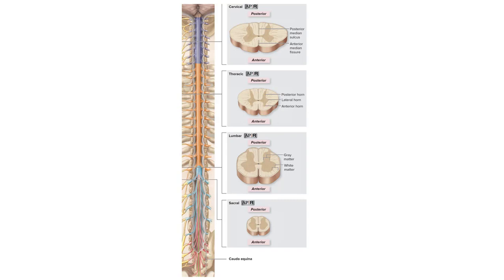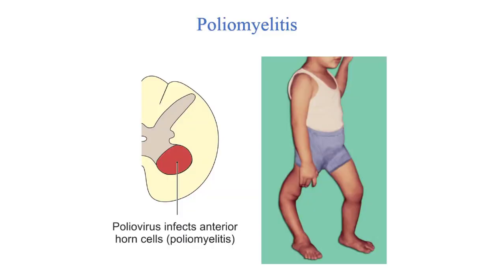So now that we've talked through the layers of laminae, let's have a quick chat about some clinical notes that are relevant to this lecture. So, you've probably heard about poliomyelitis, which is more commonly known as just polio.